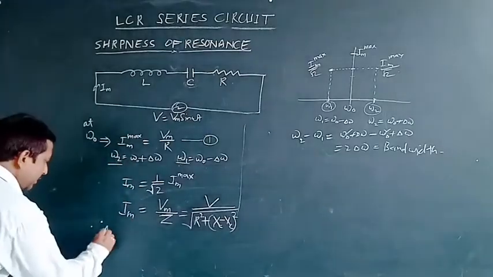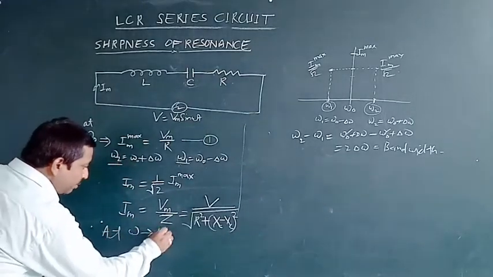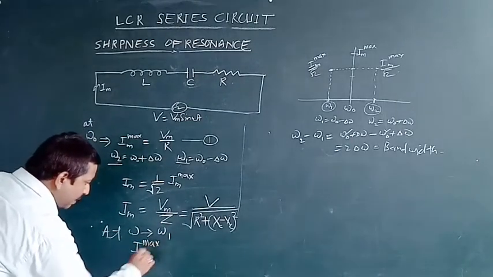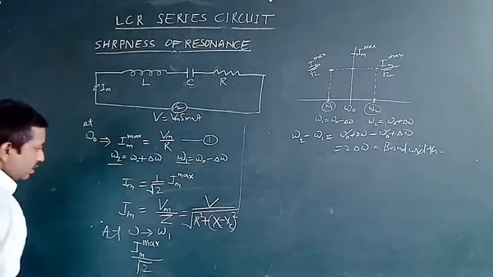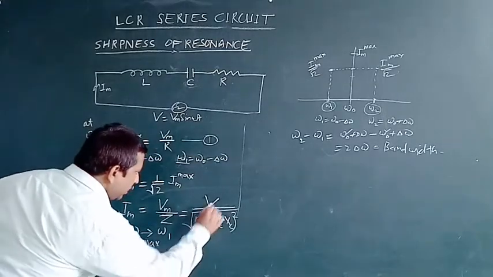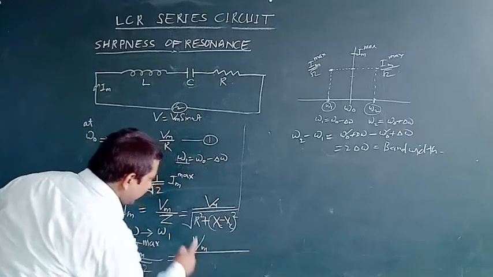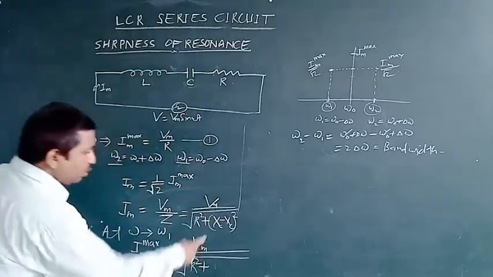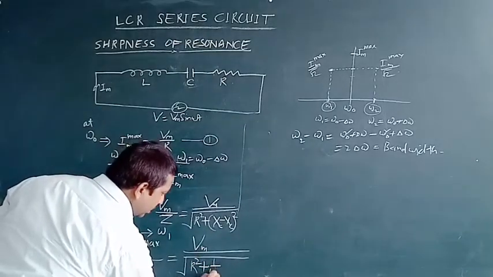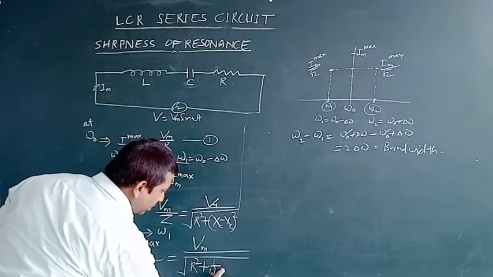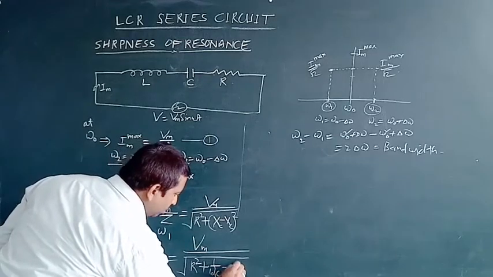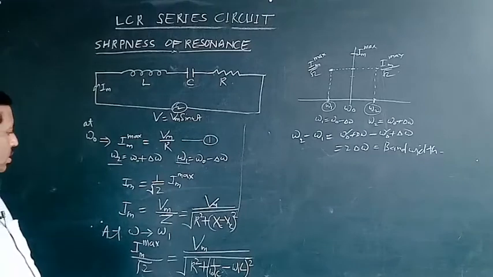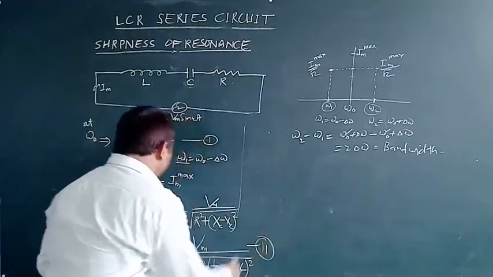So at omega equal to omega 1, this current Im max by root 2 is equal to Vm divided by root of R square plus (1 upon omega 1 C minus omega 1 L) whole square. Suppose this is equation number 2.